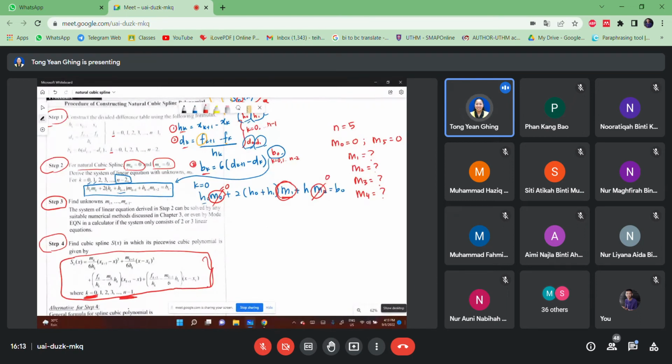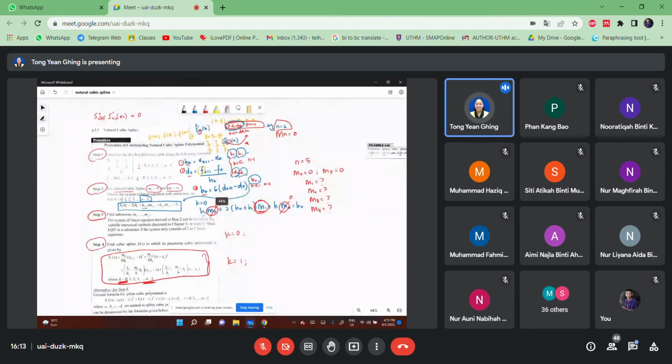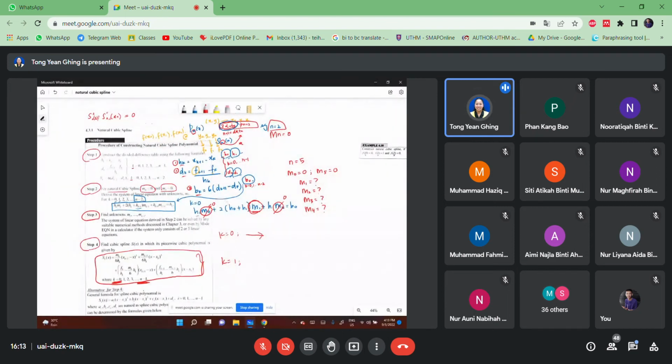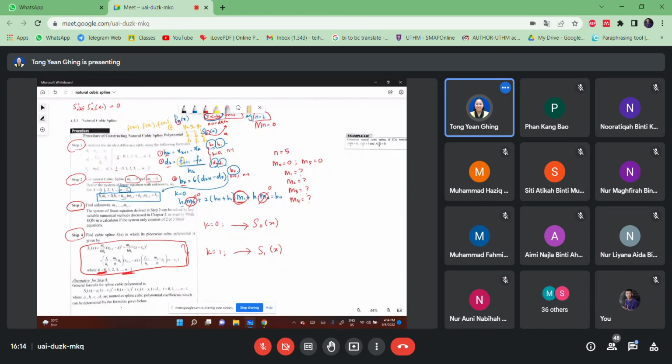Back to just now, if we have 3 data points, our n is 2, so we do it for k equal to 0 and also k equal to 1. We substitute all the values, then we get S0(x) and S1(x). This is the example when we have 3 data points.